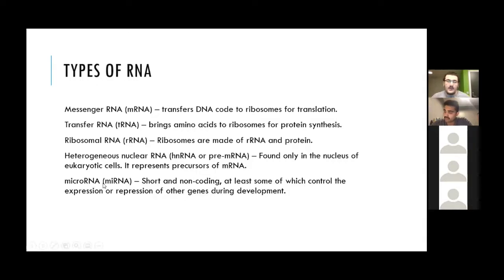MicroRNA has a role in regulating which RNA gets translated or not. It basically inhibits some RNAs from being translated.